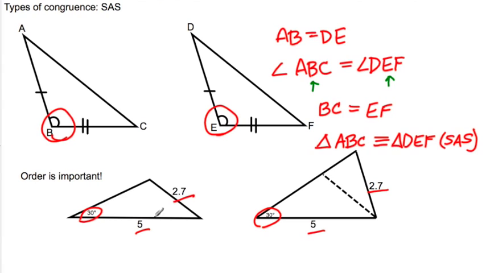Even though I have two sides and an angle, they're definitely not congruent. You can see this third side length is a lot longer, even though I have similar degrees. So the two triangles may not be congruent. This would be, for example, an angle-side-side, and we can't have that. That does not work as a type of congruence.